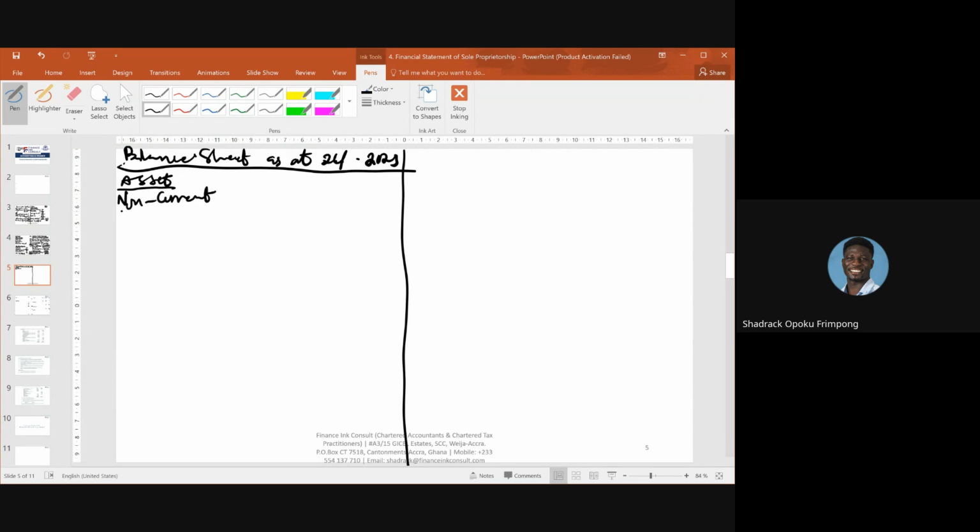So non-current assets, we have our property. So what we can also do here is that instead of adding everything as property, plants, and equipment, we can do furniture. We can just show them one by one. We can do computer.